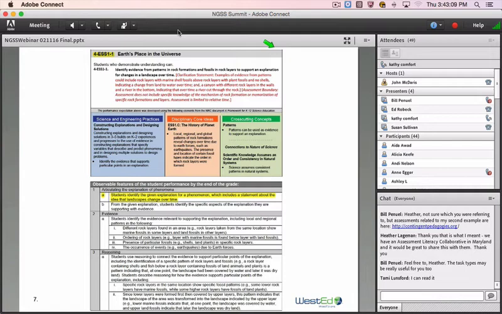It's integrating the practice, the core idea, and the cross-cutting concept. And part of the evidence statement that that item is getting to is 1A, students identify the given explanation for a phenomenon, which includes a statement about the idea that landscapes change over time. So it is not getting at the full intent of a performance expectation. It's getting at a part of the evidence statement.